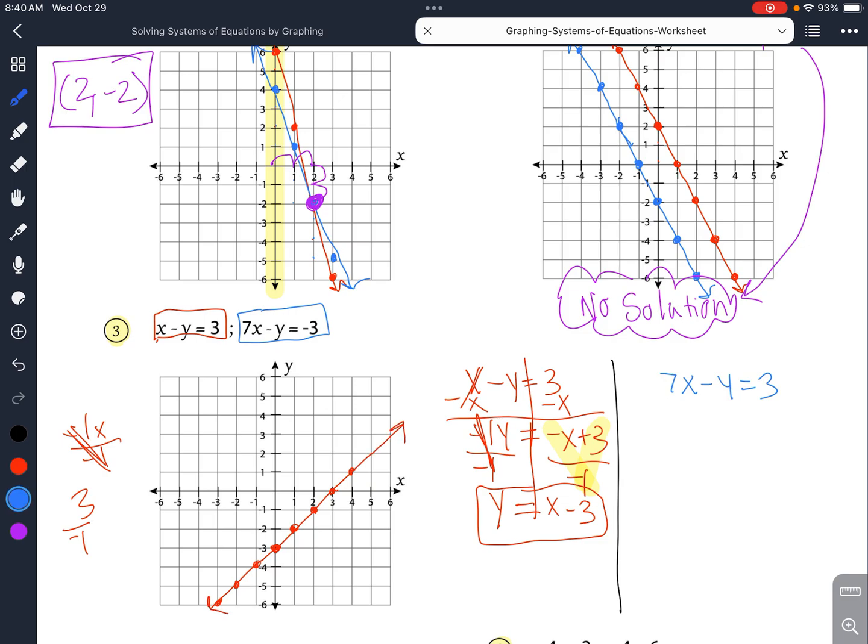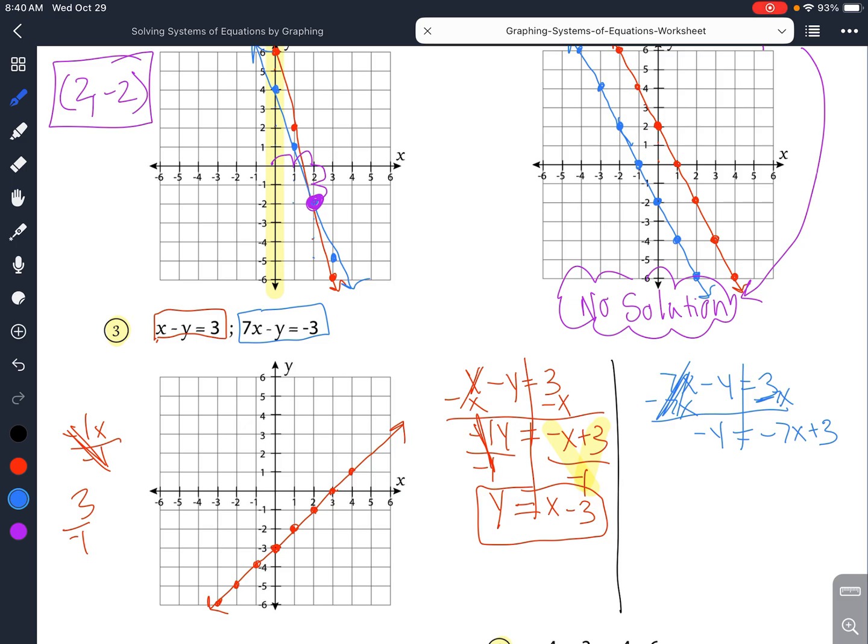And now I'm going to solve my second equation. So here again, I just want to move everything that's not the y to the other side. So since it's a positive 7x, we have to subtract it. So I'm left with -y. We cannot combine the -7x and the 3, so we're just going to have -7x plus 3.